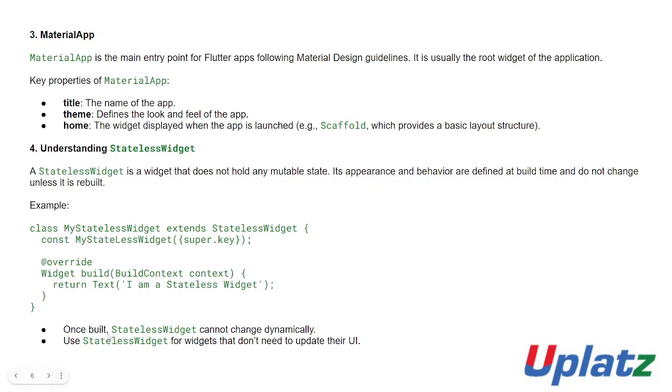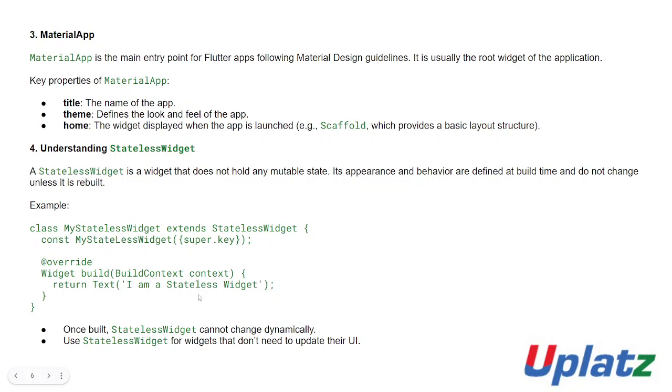Once built, a stateless widget cannot change dynamically. Suppose you want to use a variable here. You may think of a variable like abc or str, where you store the value as a string, I am a stateless widget. Then you change it to hello world. It doesn't occur.